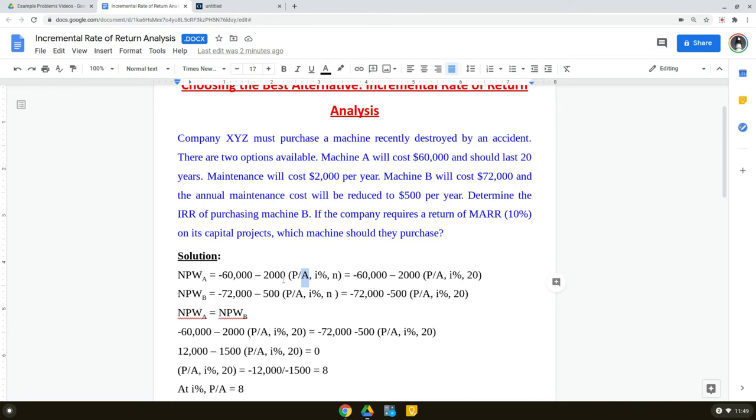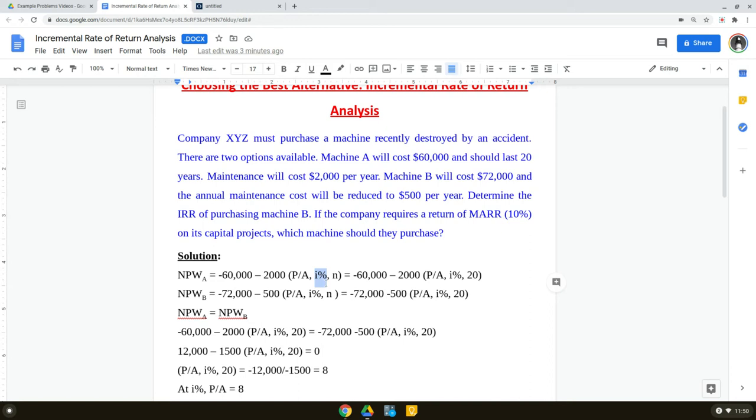So we know this A value, and we want to convert this series of uniform cash flows for 20 years into its present value. So we know A, and we want to find its equivalent P value. That's why we need to multiply this number by the factor P given A, at i percent, which is the internal rate of return that we want to calculate.